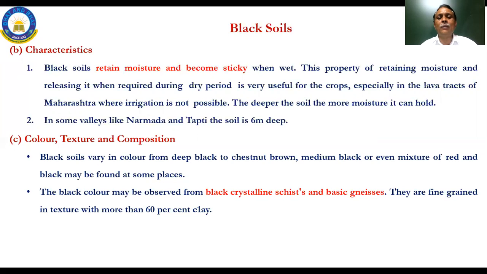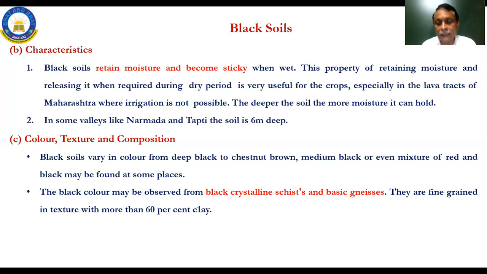So black color may be observed from black crystalline schists and basic gneisses. Both these are types of rocks. Schist is a kind of rock. Gneiss, the G is silent in gneiss, so it is pronounced as gneiss.